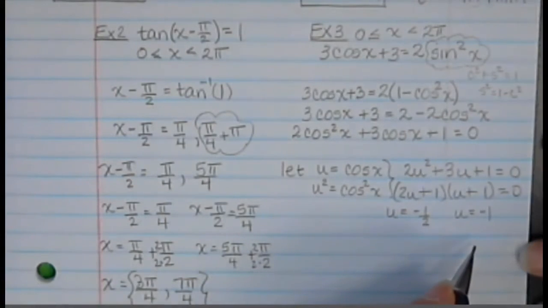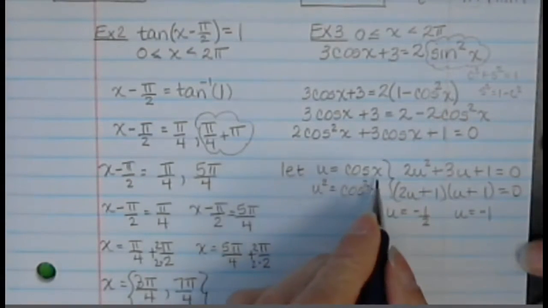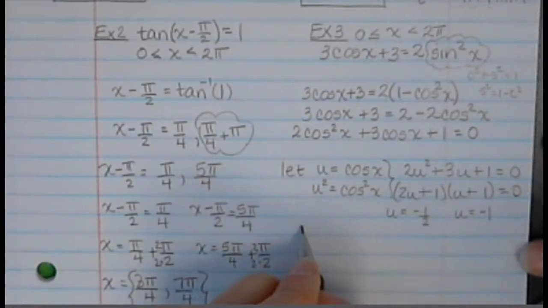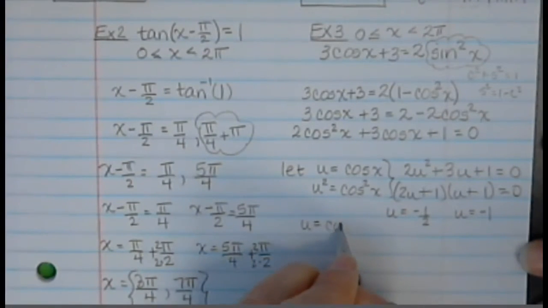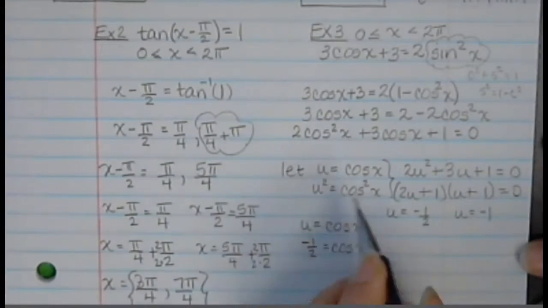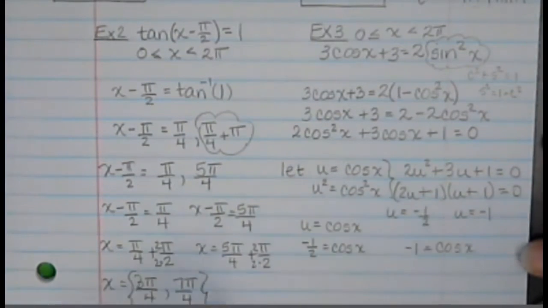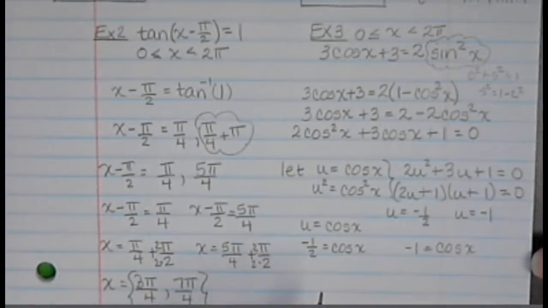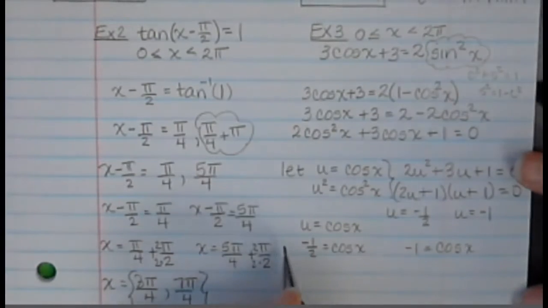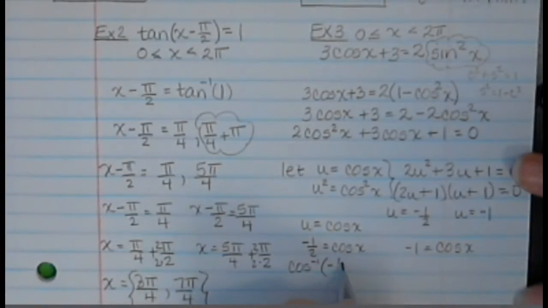But I don't want to know what u is. I want to know what x is. So I'm going to undo it by going back and saying u is equal to cosine of x. So negative 1/2 is equal to cosine of x, as well as negative 1 is equal to cosine of x. Now I'm going to use the inverse cosine. So I need to find the inverse cosine of negative 1/2, and that will give us our x.